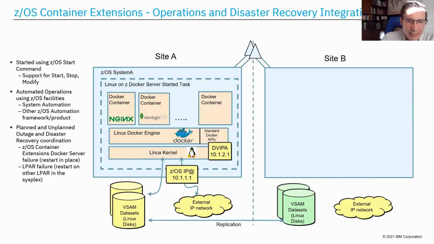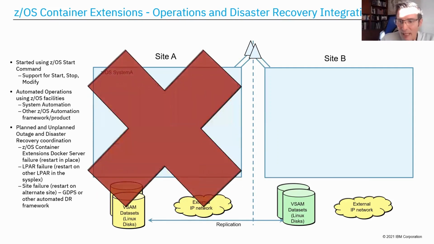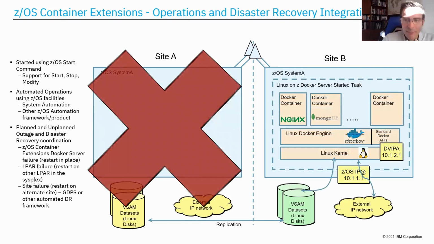So in this case, if I have multiple sites that I'm dealing with, and I have some kind of replication solution for my vSAM datasets that are being used as Linux disks by my appliance, I can now actually have a disaster and be able to recover that with the dVipa moving over, just like it does for a lot of your middleware products and other folks that use dVipa, and I can move my entire ZCX server over to the other site.